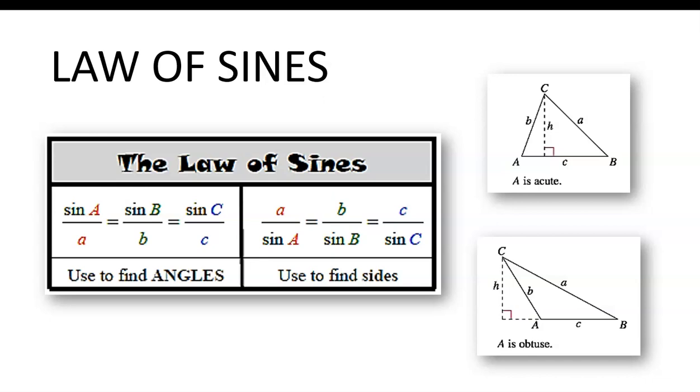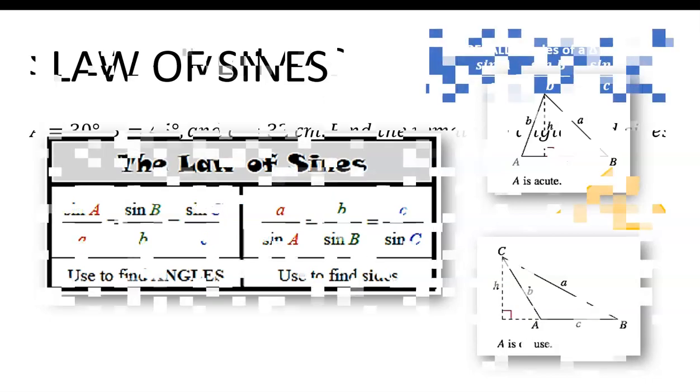You can do B to C, A to C, just as long as you keep them proportionally the same. Keep your sines on top, your lowercase on the bottom, and so forth. And then you'll fill them out. You'll usually know three of these measurements, and then you'll be searching for the fourth one. Okay, let's try some.